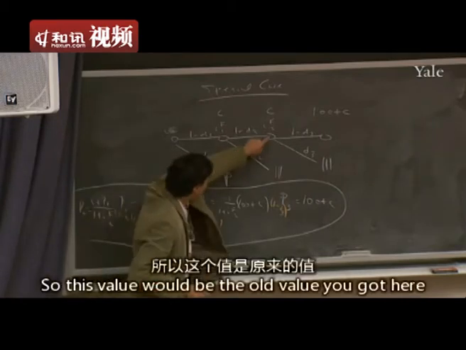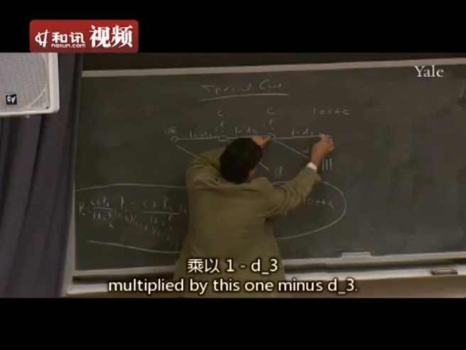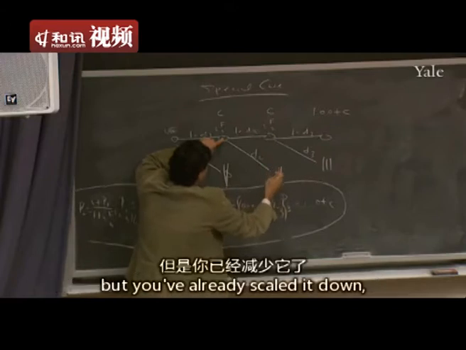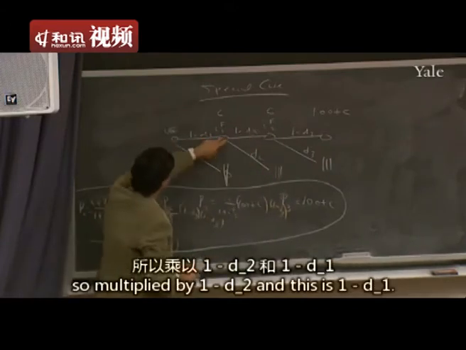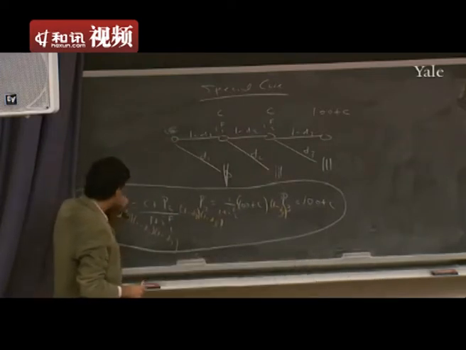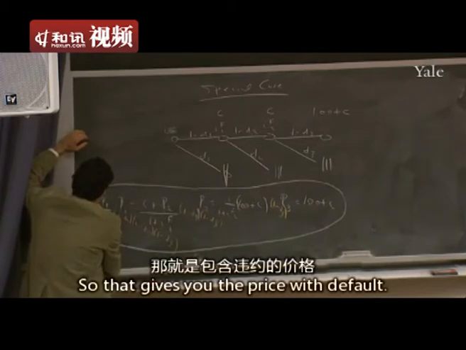Okay, so this value would be the old value multiplied by 1 minus D3. This value is what you would have gotten here, but you've already scaled it down, so multiplied by 1 minus D2, and this is 1 minus D1. So that gives you the price with default.